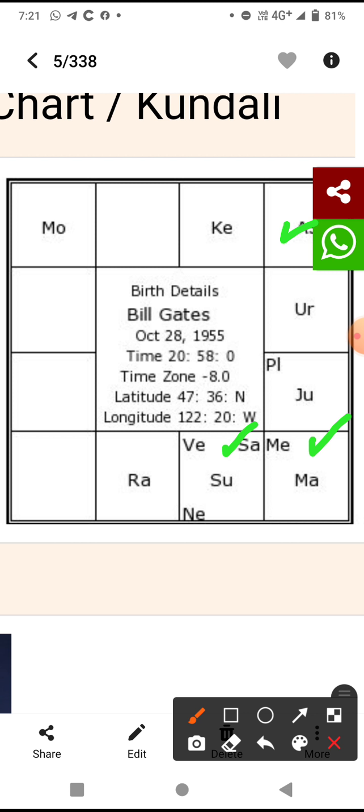So next principle, that is the 10th house. Let me check the 10th house. The 10th house lord is Jupiter, in the 3rd house. And you see the second lord Moon is there in the 10th house.